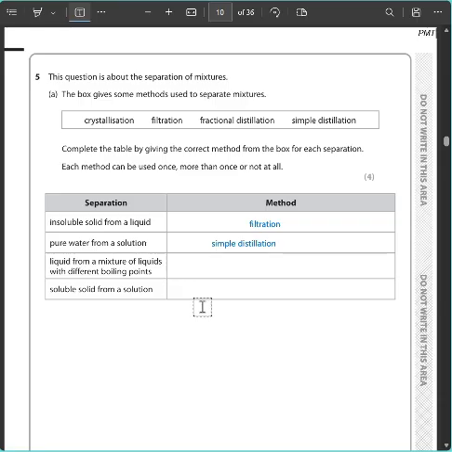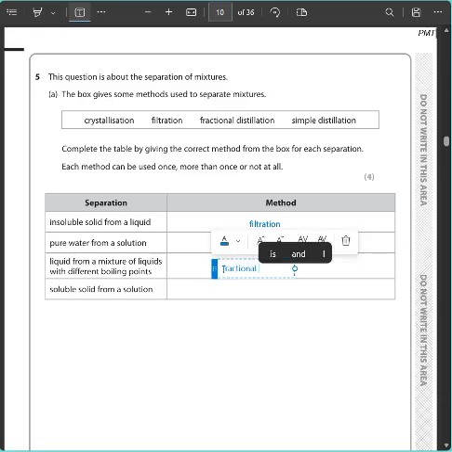Liquid from a mixture of liquids with different boiling points, we will use fractional distillation. For example, taking ethanol from a water and ethanol mixture. And the last one, soluble solid from a solution, it is crystallization.